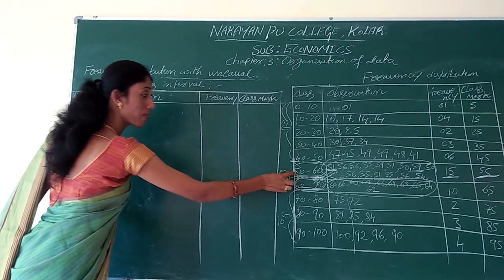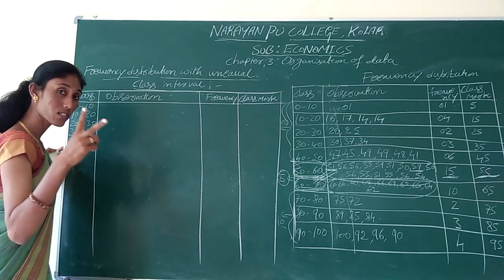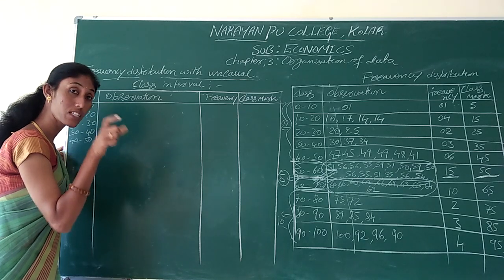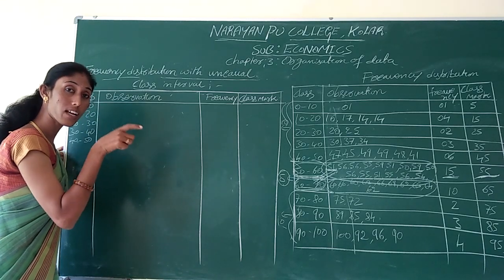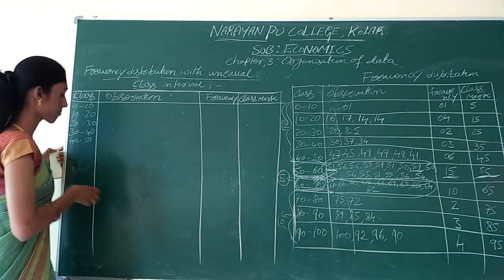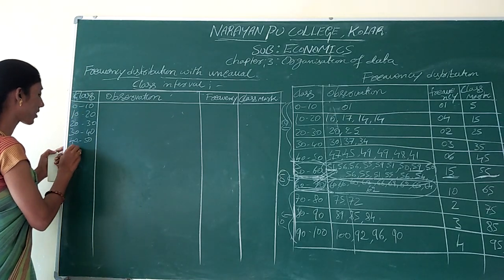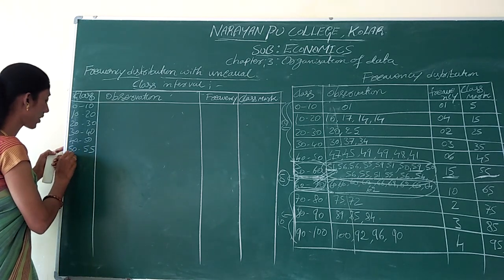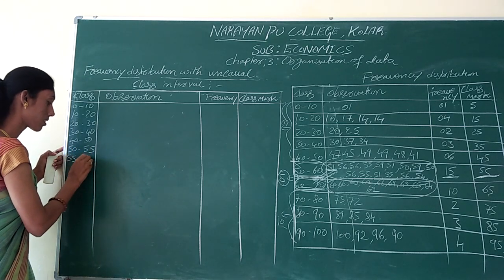But here 50 to 60 we are going to classify into a class interval of 5 instead of 10. It means 50 to 55 and 55 to 60.